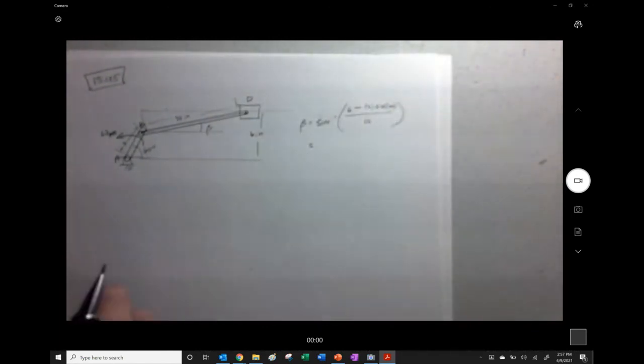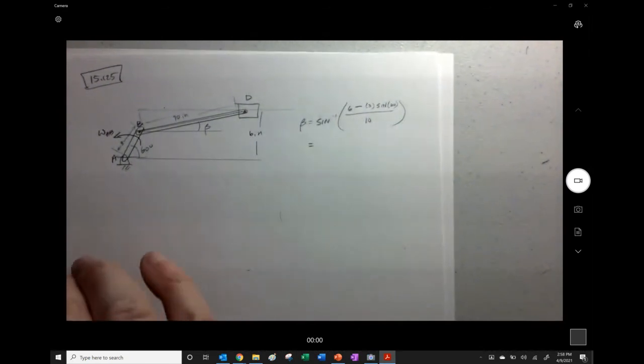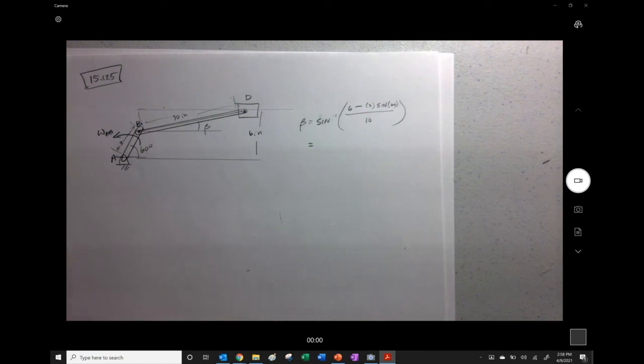Because then I could just do the hypotenuse right there. He put his angles weird. I don't know why he did it that way.